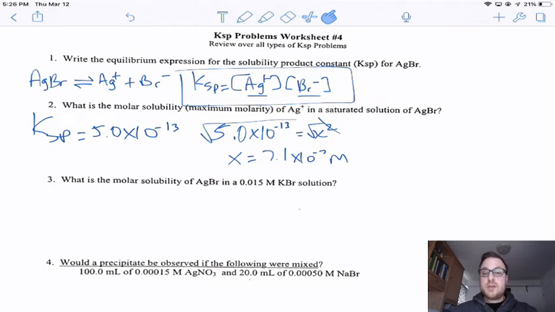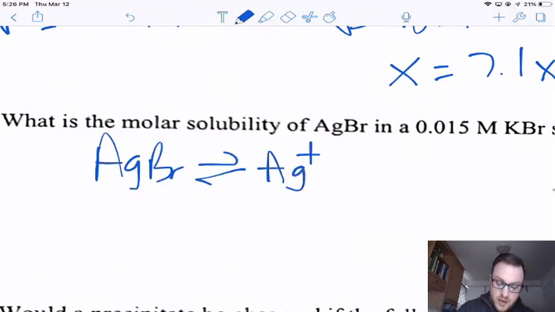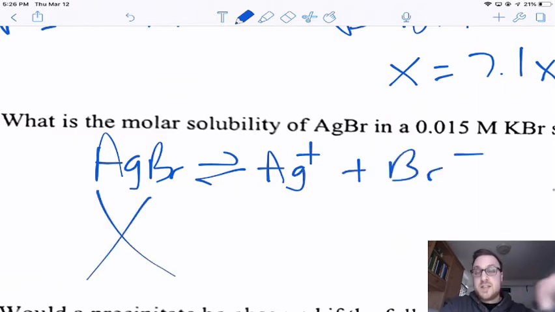What is the molar solubility of AgBr in a 0.015 molarity KBr solution? So let's rewrite our expression. Ag plus ions plus Br minus. We ignore AgBr initially because it's solid. So all of these compounds are salts.